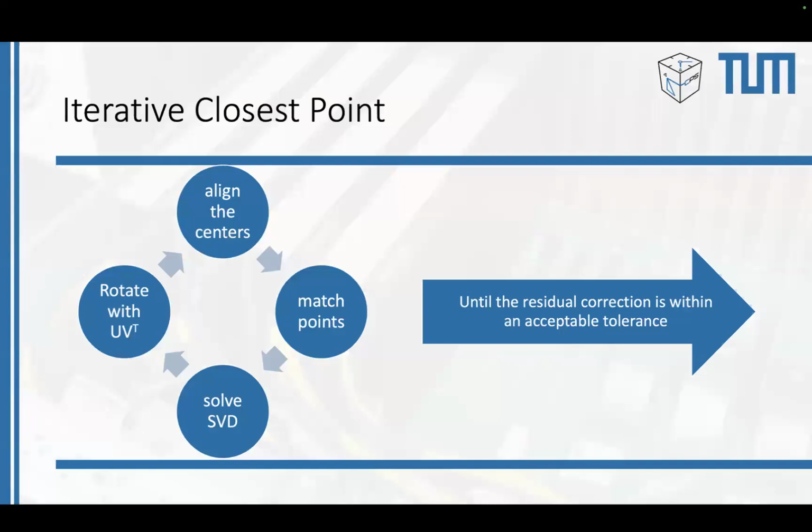Because the alignment will go through a higher error, a higher sum of the norms of the distances of the points when I match them, before I get to the right place. And this is the problem with iterative closest point, mainly. So far so good?